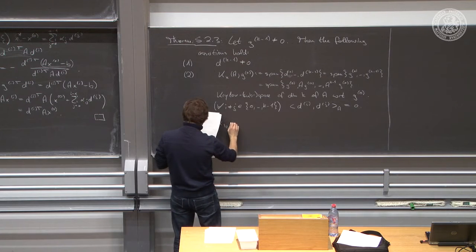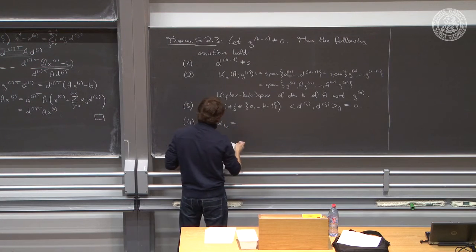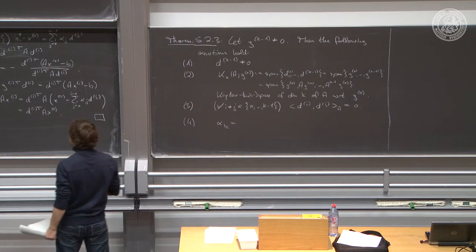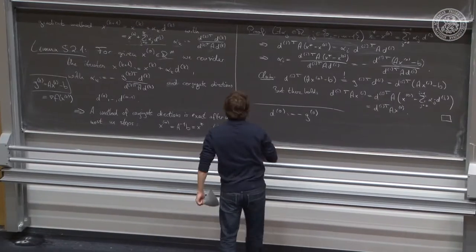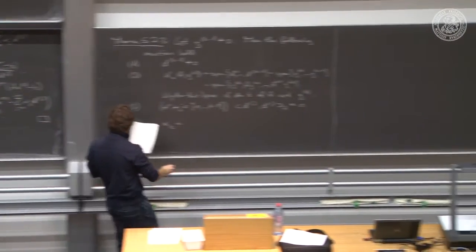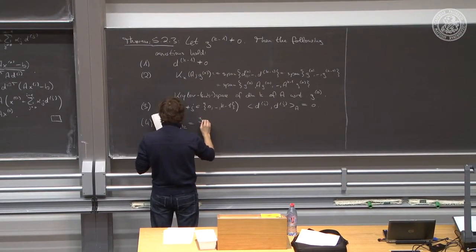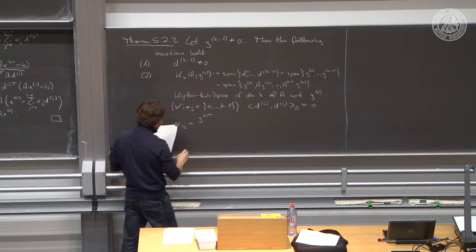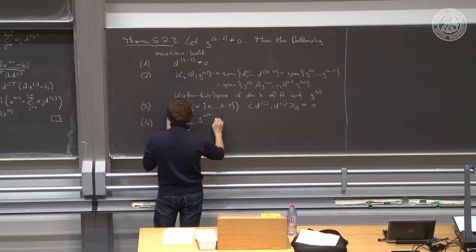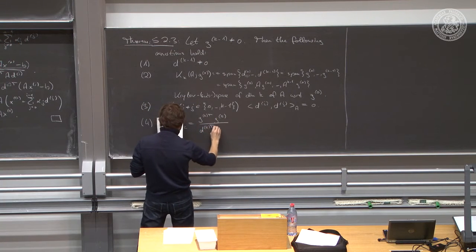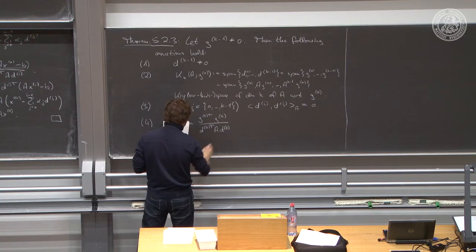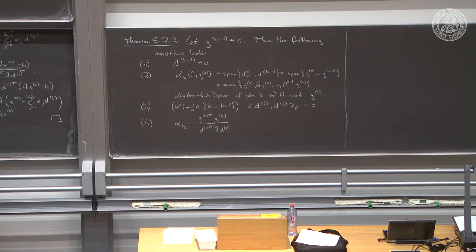And finally, to reduce the computational effort, it's not necessary to always multiply a vector with a matrix and this vector again. We can reduce it to a vector-vector multiplication, since alpha k, this scalar, is nothing but the scalar product of our gradients divided by this expression.